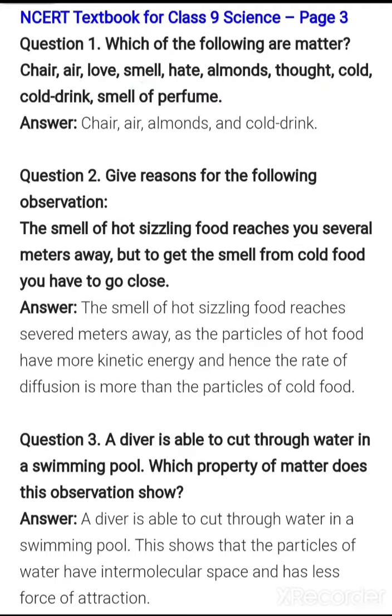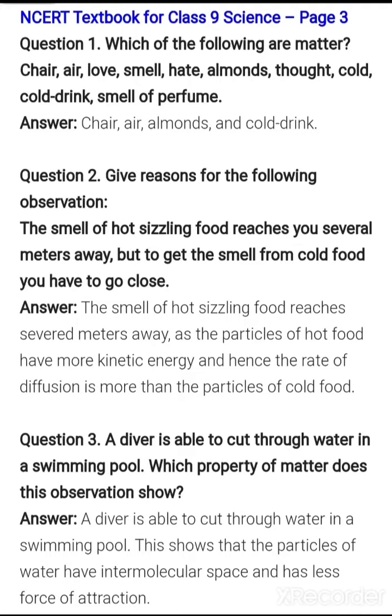The things surrounding us which are made up of materials are termed as matter. So chair is the right answer, air is the right answer, almonds is the right answer, and even the cold drink is also the right answer. These are matter and the others are not.